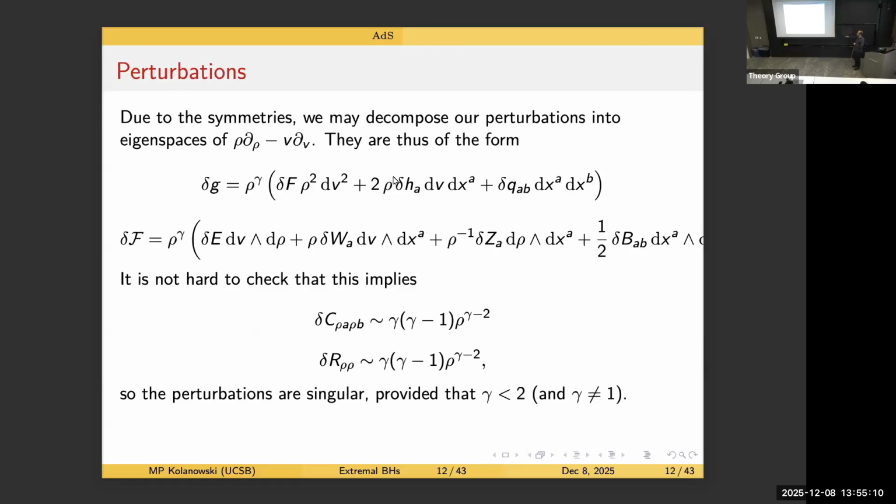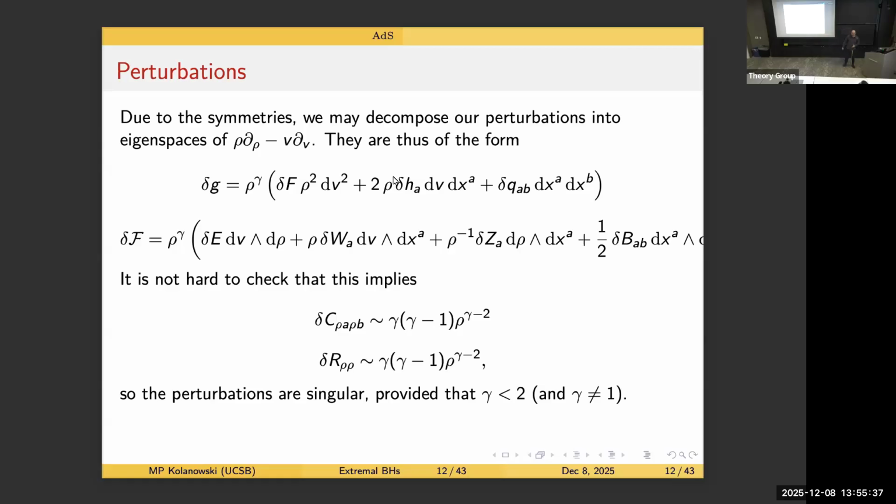And so we want these things to be stationary, but this near horizon geometry has an additional symmetry which corresponds to dilations. So we may also decompose our fields with respect to these dilations. So we're looking at eigentensors of dilations. They essentially look like this. The equation is long, but it's sort of easy. The important thing is that there is some radial dependence in front with some power.